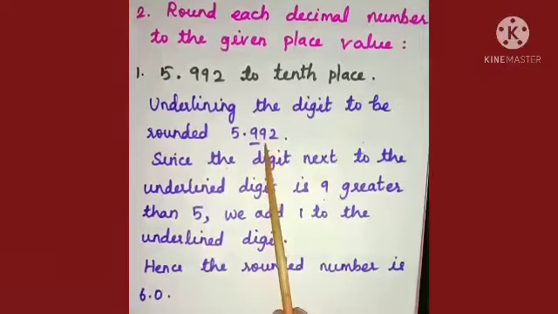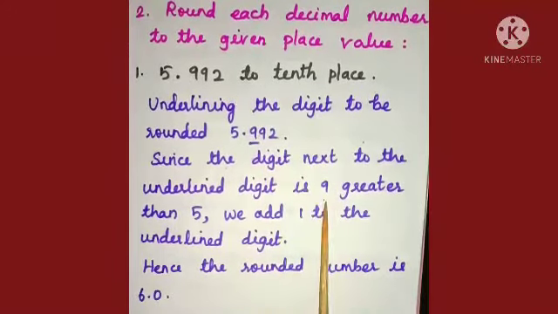And as our next step, we have to check whether the digit is less than 5 or greater than 5. Here 9 is greater than 5. Since the digit next to the underlined digit is 9, which is greater than 5, what do we have to do?